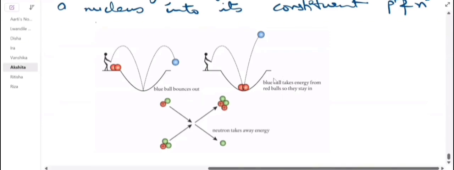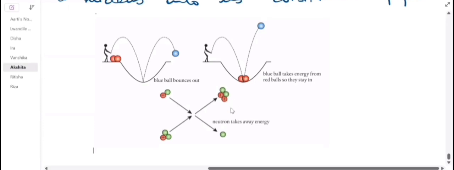When it takes energy, it will jump to a very high height. Here also, suppose from here 1 neutron and 1 proton are coming, and from here 2 neutrons and 1 proton are coming. These are neutrons, the green ones. And they collide. One neutron comes out of it and the 2 and 2 get emitted. Done?